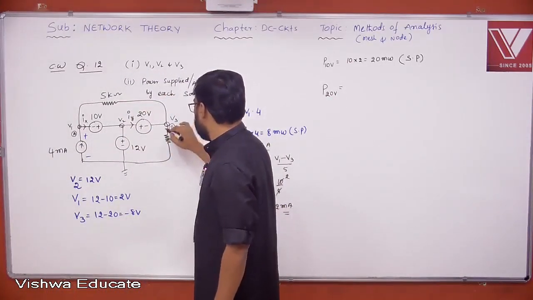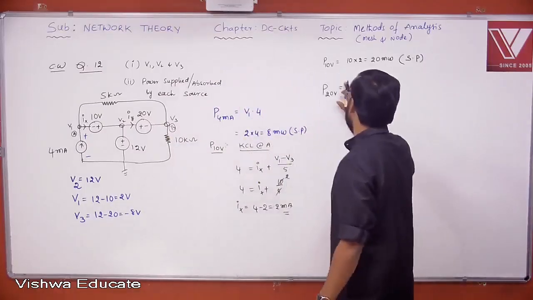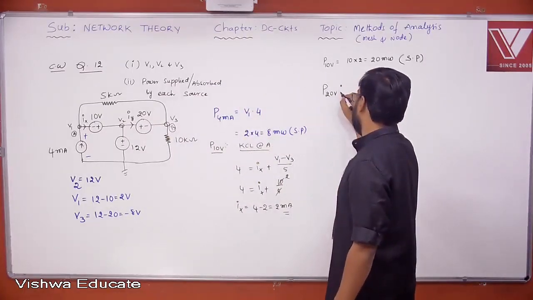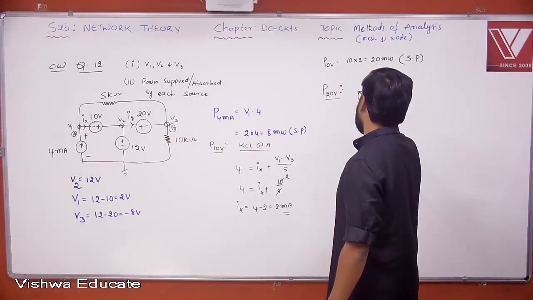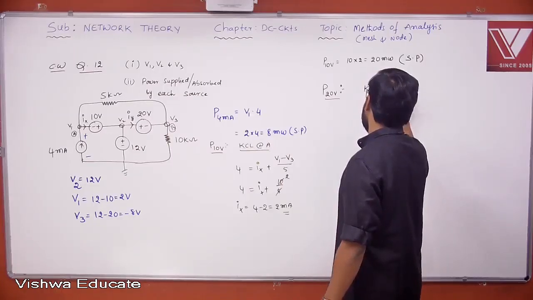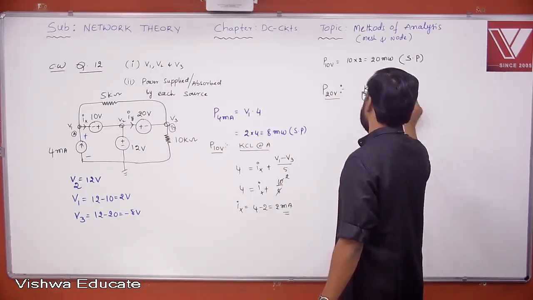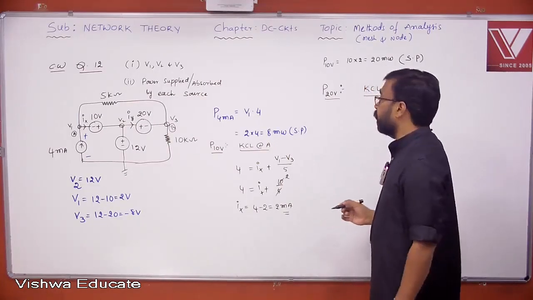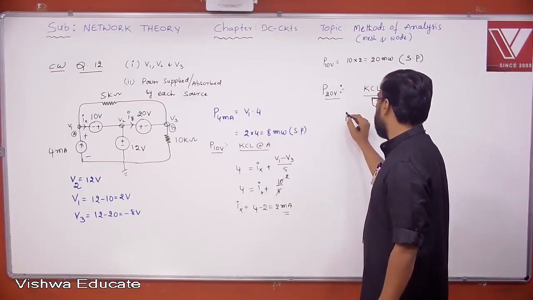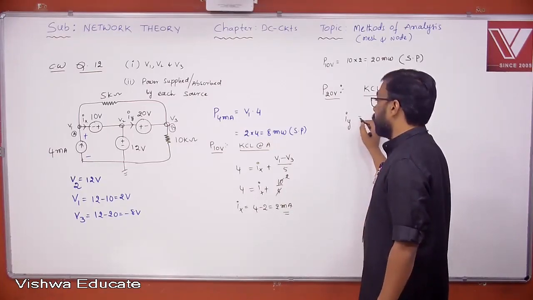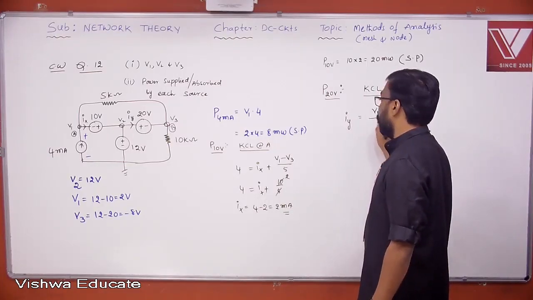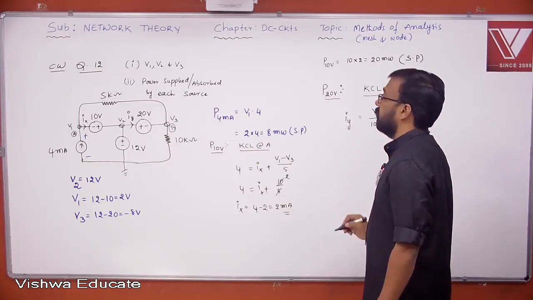KCL at node B. Let us apply KCL at node B. Now, what is IY doing? IY is entering. V3 by 10 is leaving.